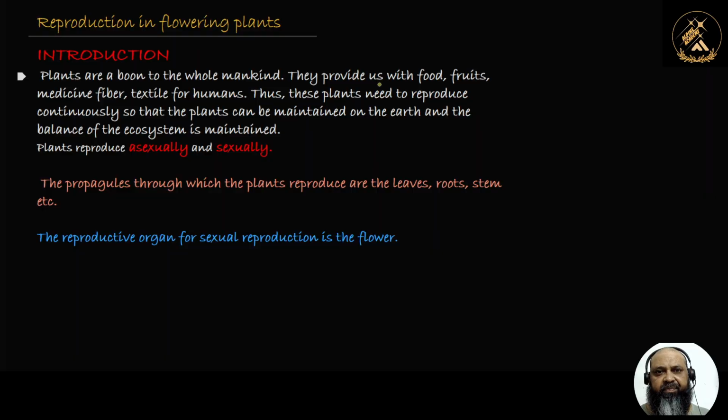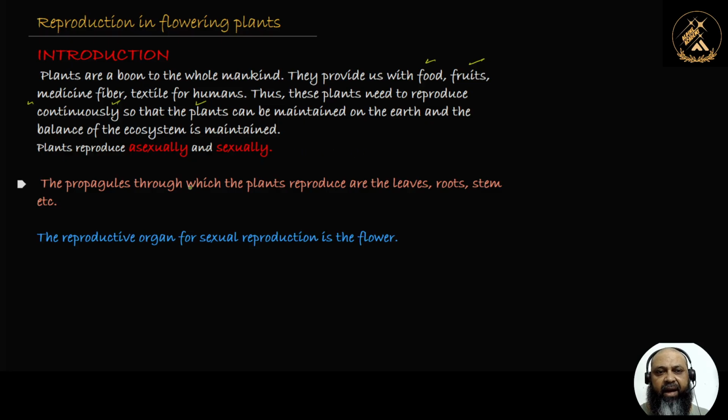They provide us with food, fruits, medicines, fibers, and textiles for humans. These plants need to reproduce continuously because that is the only way an organism can exist on this planet, and the only way they can maintain the ecosystem well.